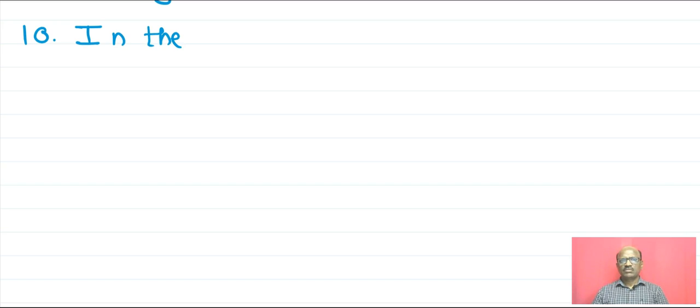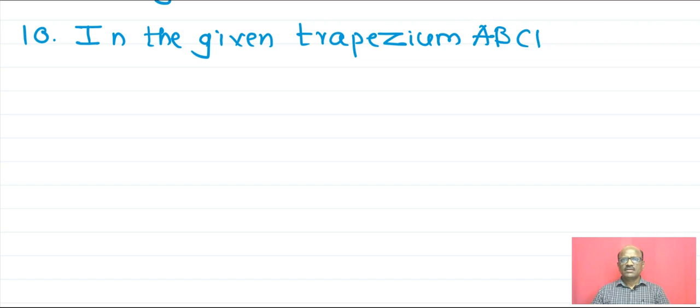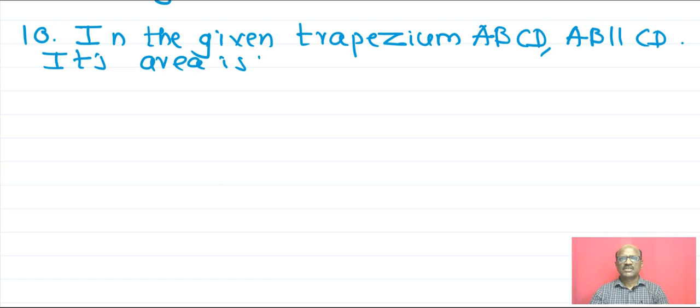Next, problem number 10. In the given trapezium ABCD, AB is parallel to CD. Its area is 33 centimeters square.